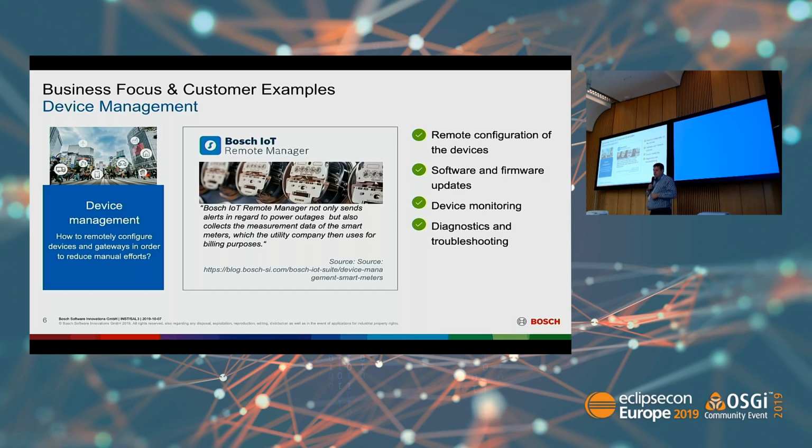So firmware updates, you want to monitor your devices. Is the device still alive? Or if there are some problems on the device side or on the asset side, you want to be able to support this with diagnostics that you can do remotely and to help troubleshooting in the field. So that's basically what the Bosch IoT Remote Manager is doing here.